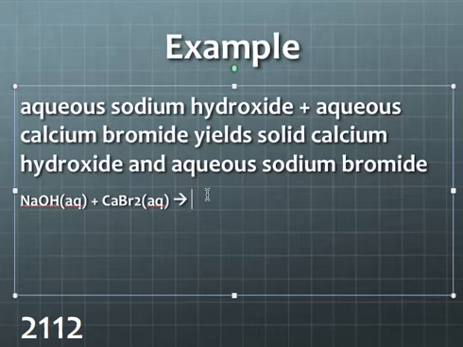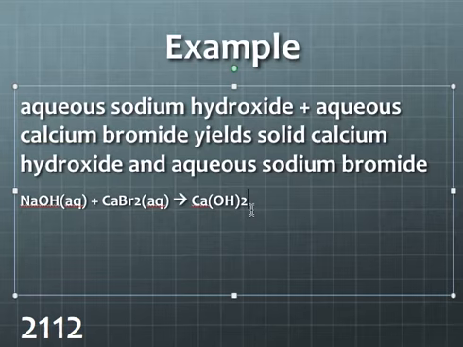And this yields calcium hydroxide. So again, calcium is that 2+ charge. Hydroxide is a 1- charge, so we'll need 2 of those grouped together. And since this is a solid, we're going to put parentheses around an S, a plus sign.